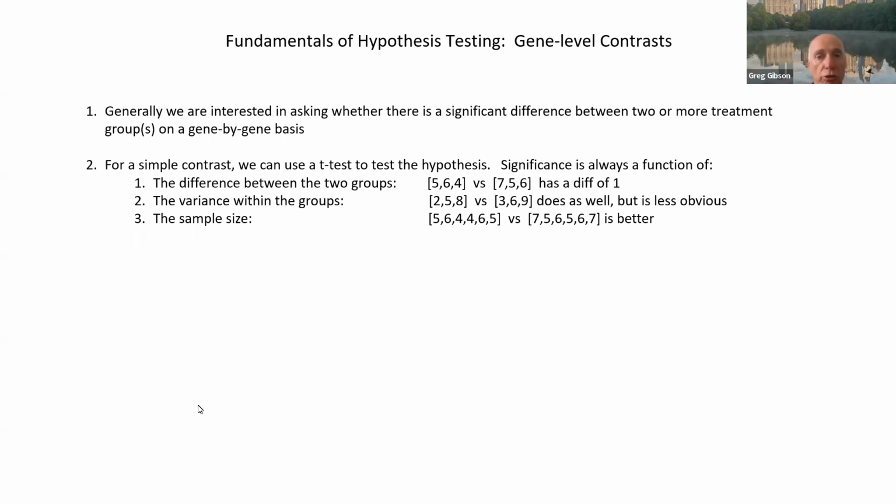In any sort of statistical contrast, there are basically 3 things that go into the evaluation. So one is the magnitude of difference between the groups. Another one is the variance within the groups. And the third one is the sample size. So I'm just trying to illustrate that here in this toy example. Maybe my log CPM values for a gene in one group are 5, 6, and 4.